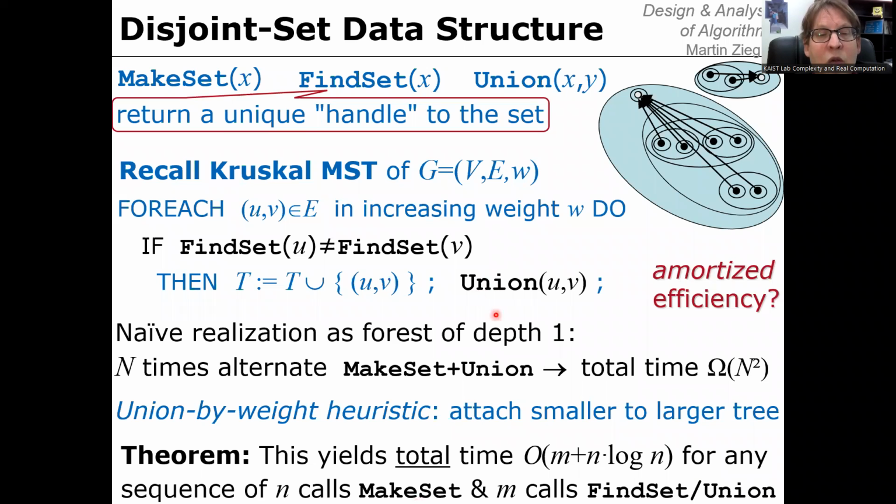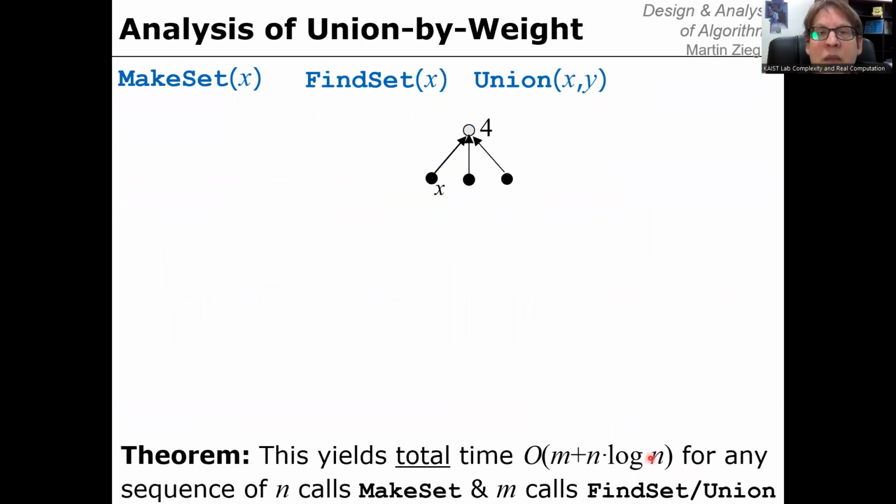And we show that the total cost is m plus n log n. And then it follows that the amortized cost is logarithmic by dividing. So that's our goal here. And so let's look at an example.